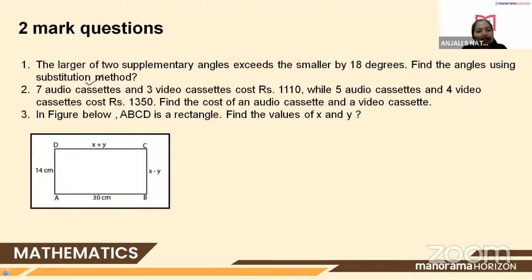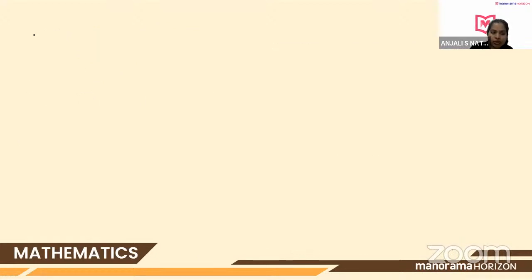7 audio cassettes and 3 video cassettes cost rupees 1110, and 5 audio cassettes and 4 video cassettes cost rupees 1350. Find the cost of an audio cassette and a video cassette. Okay. So here we first take the audio cassette.